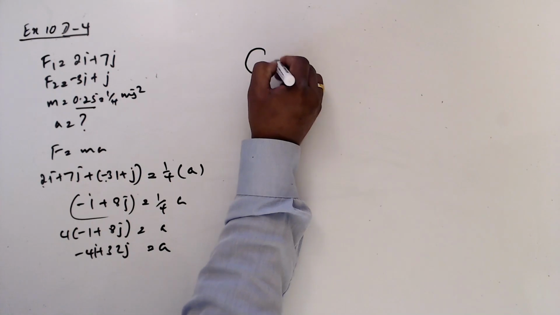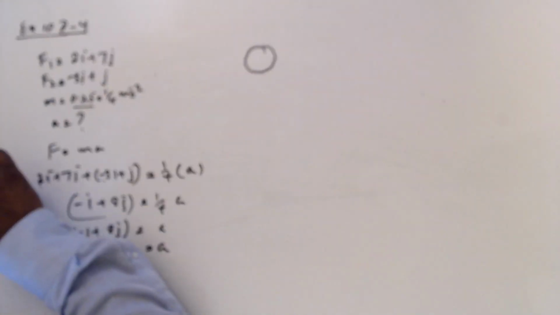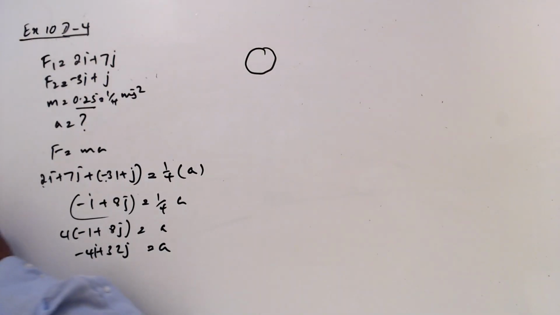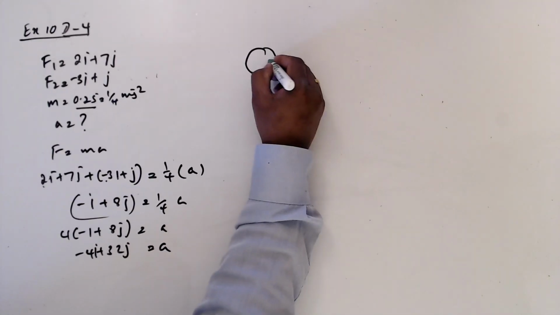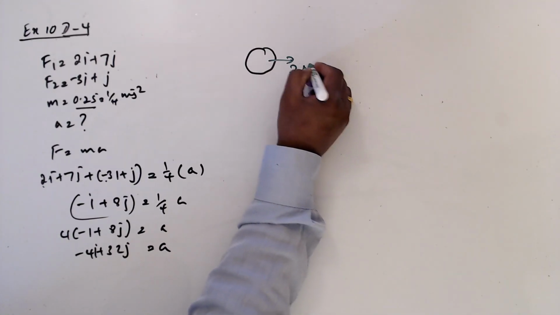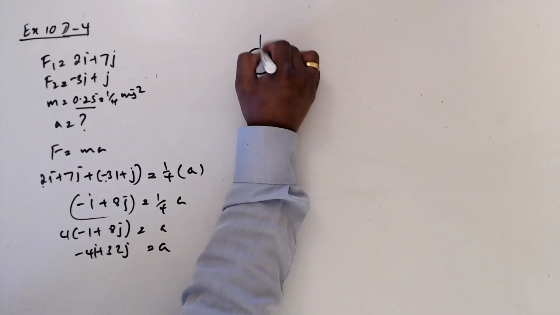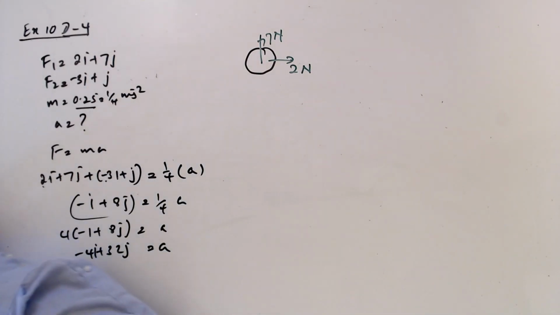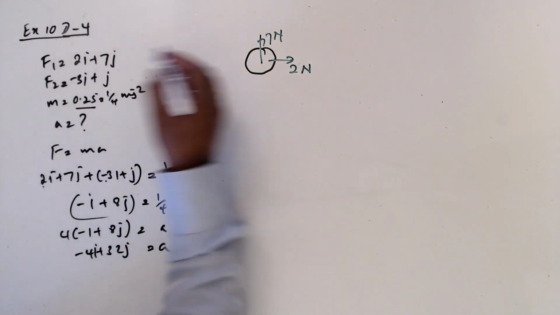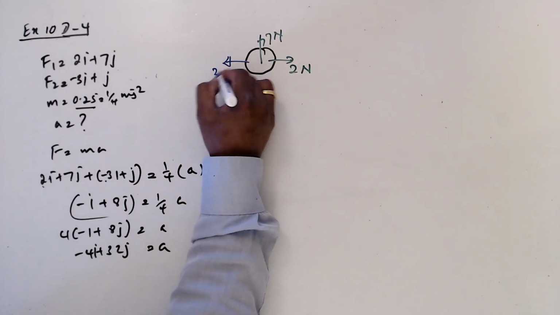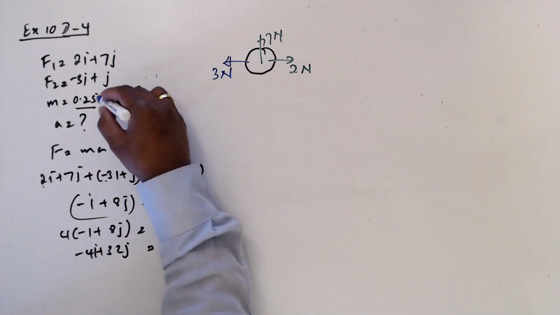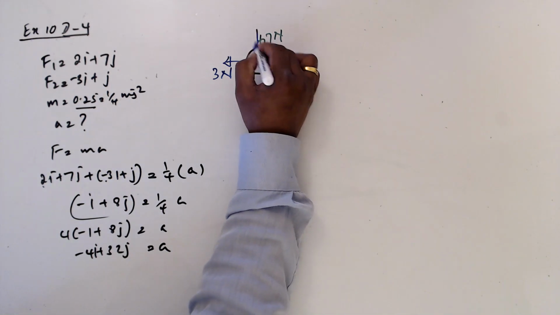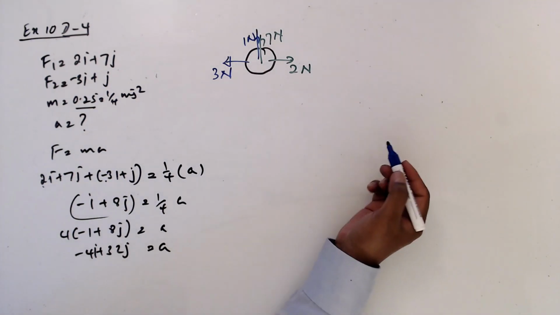So this is the particle, and it has 2 Newtons here and 7 Newtons here from F1, and then from F2, 3 Newtons in this direction and another 1 Newton in this direction.